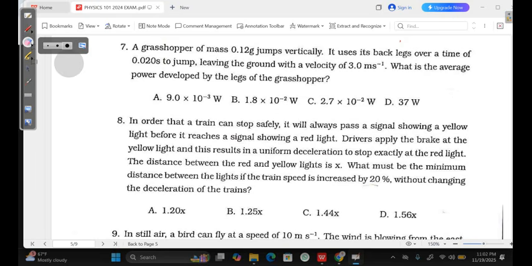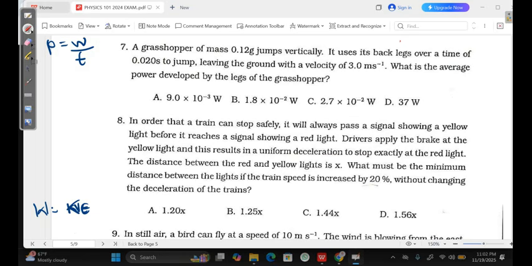So let's first know the formula for power. Power is equal to work divided by time. The work done in this case is the same as the kinetic energy gained by the legs, like I said. So I first need to find the kinetic energy.